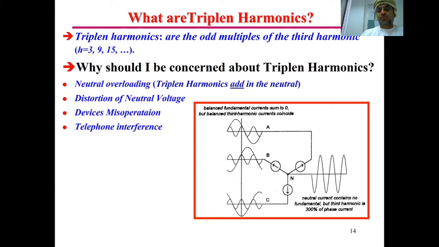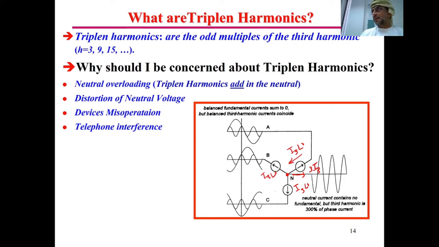Of course, don't forget that the third harmonics flowing will be in phase. So this is for phase A, this is for phase B, and this is for phase C. All the third harmonics will be in phase. Then of course, if you add those, the result will be 3 times I3, right?